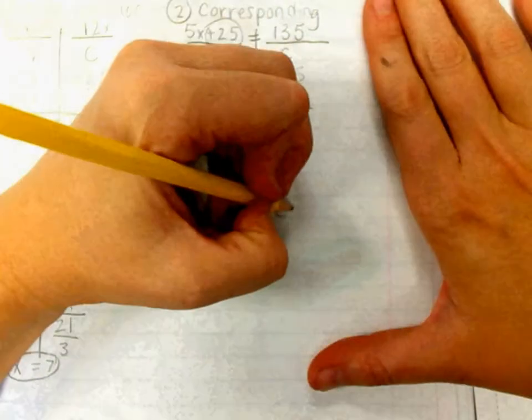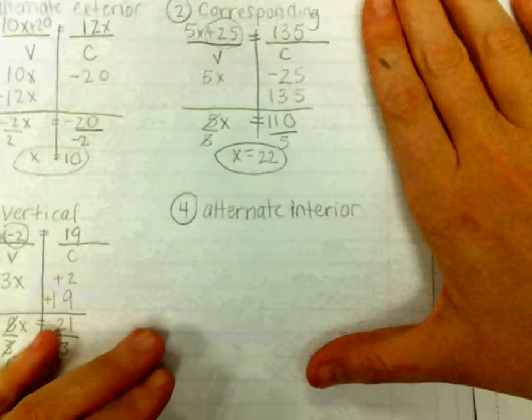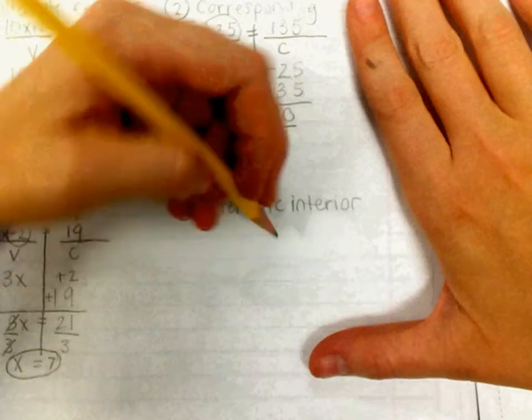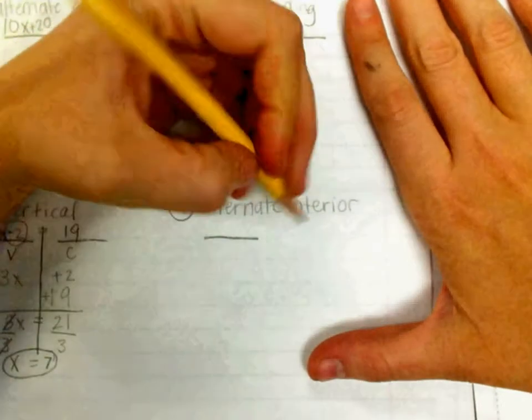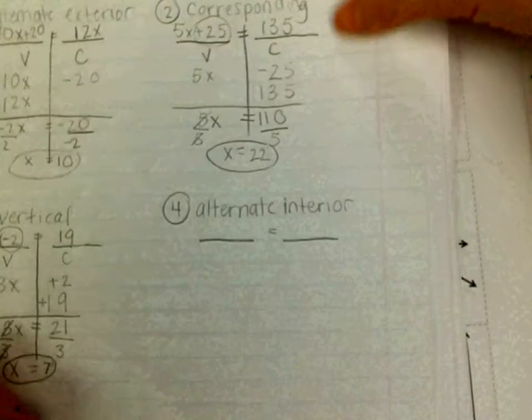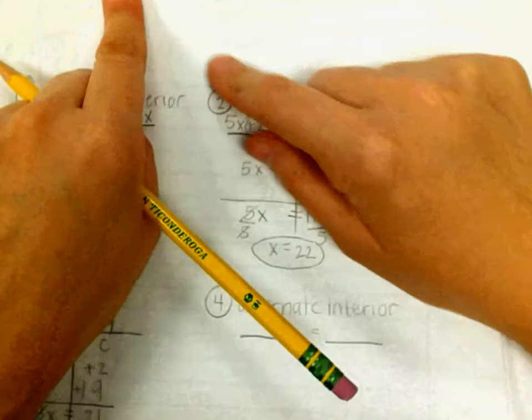Okay. Alternate interior angles are also congruent. Gosh, I hope we get at least one supplementary. If not, we will tomorrow. Alternate interior, congruent. So that means blank equals blank.